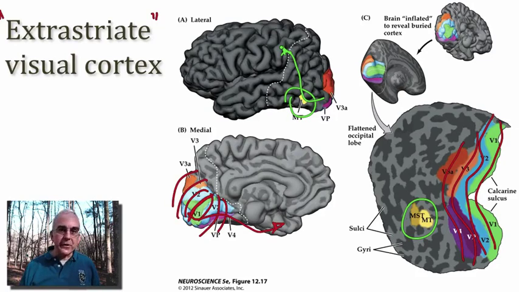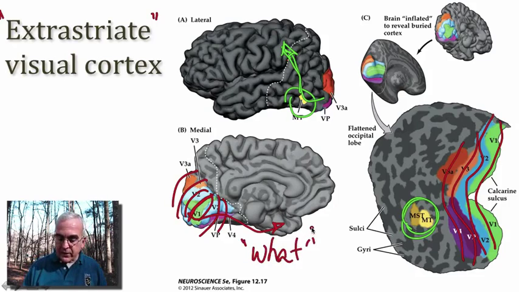So our notion of motion is derived by neural circuits that interact between our primary visual cortex and area MT, and from there the signals are further elaborated into a broader scheme of our visual environment that's elaborated in the parietal lobe. So remember, in the temporal lobe we have answers to the question, what am I looking at? And in the parietal lobe we have answers to the questions about where am I looking, or where are objects moving in the environment.